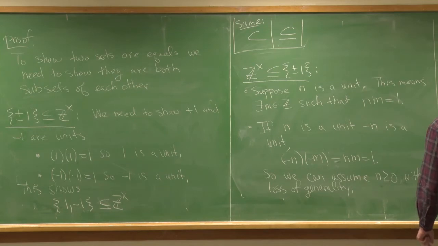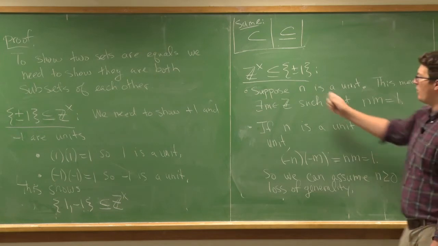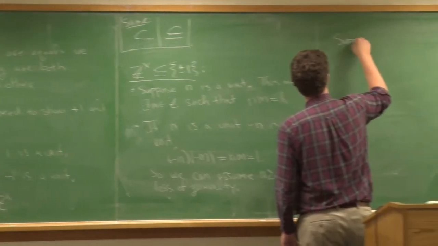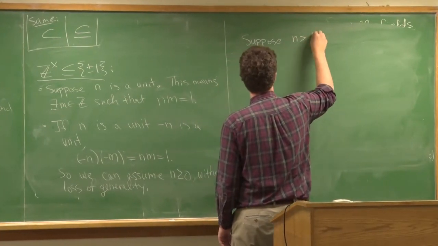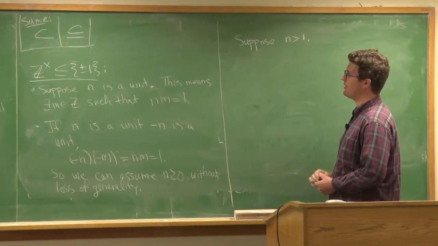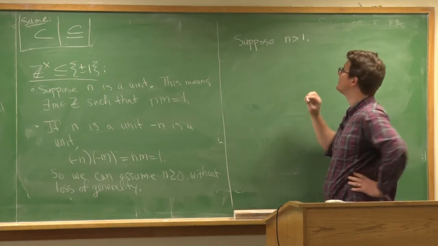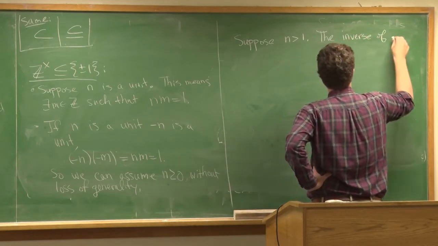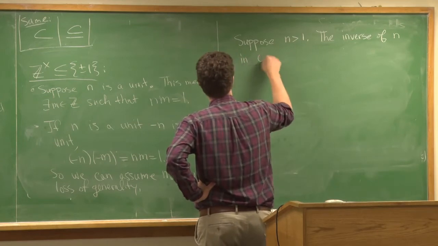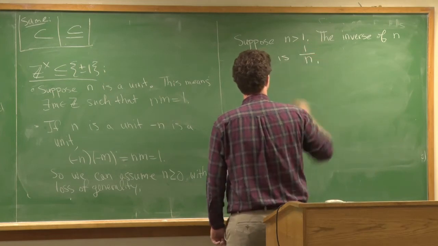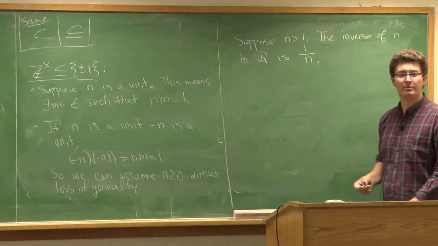OK, so I really want to show that there's nothing other than 1 and minus 1. So let's suppose n is greater than 1. The point is that I'm trying to show that these guys aren't units. So the multiplicative inverse of n in Q is 1 over n. Right? Do you guys agree with that? That's what the multiplicative inverse is.